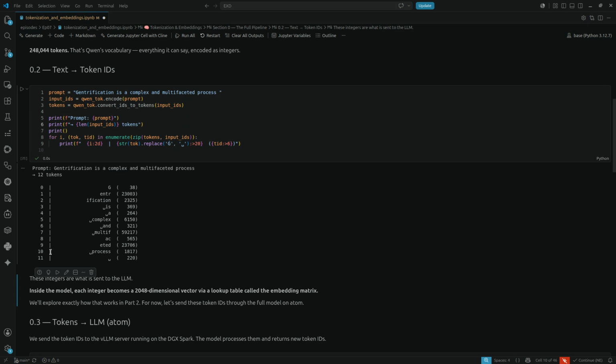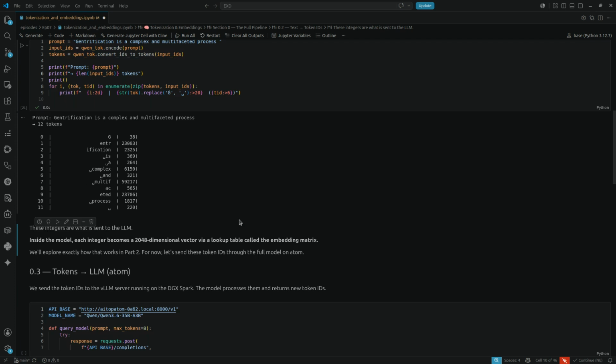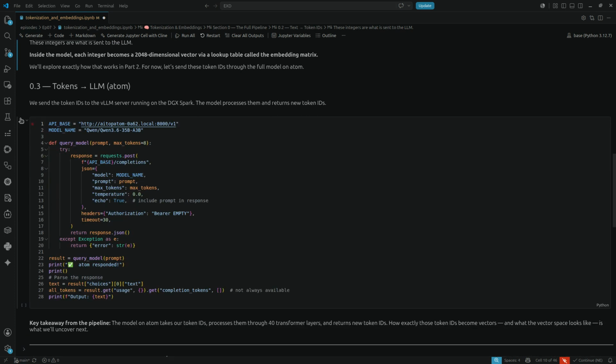In this section we'll see how these tokens are actually created. Okay, so actually what happens is this 7 word sentence gets split up into these 12 tokens, counting from 0 to 11. And actually the LLM is sent these 12 tokens. Okay, let's send it to the model and just for completeness, see it print out a result.